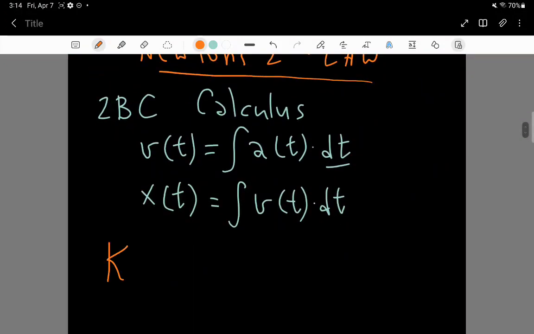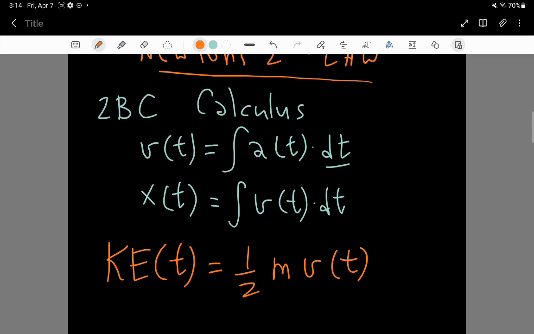And this, it turns out, is really easy if you already know an expression for the velocity as a function of time. You just have to take the mass of the object, divide it by 2, multiply by the function that is the velocity as a function of time, and you end up with an expression for the kinetic energy as a function of time.